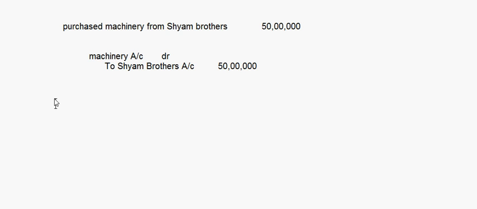Now after that, supposing we have paid rupees 10,000 for installation of machinery. Now clearly it is written here that it is for the installation of the machinery. So here, see what we will do. We will again debit this machinery account.